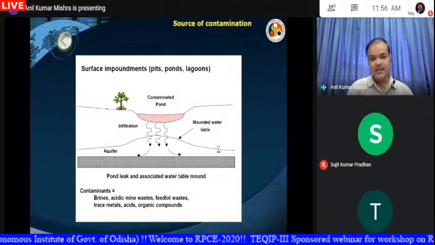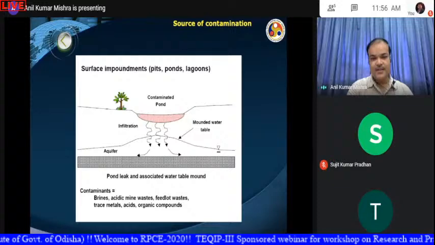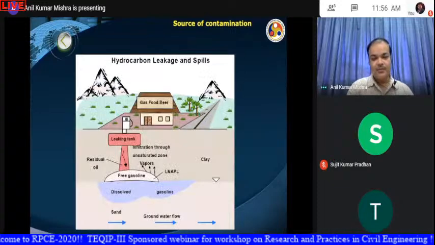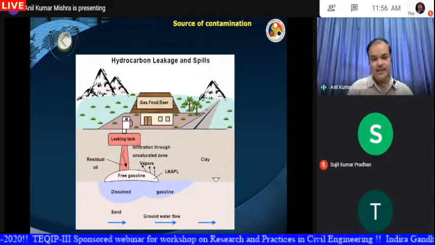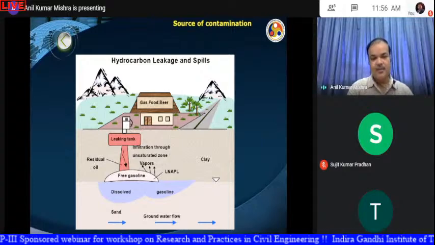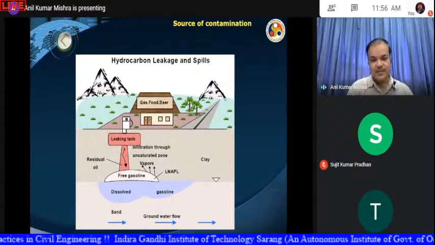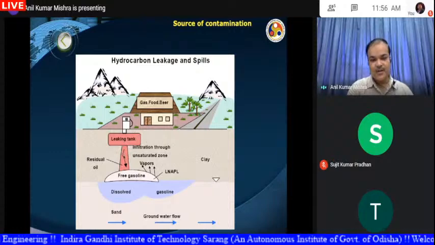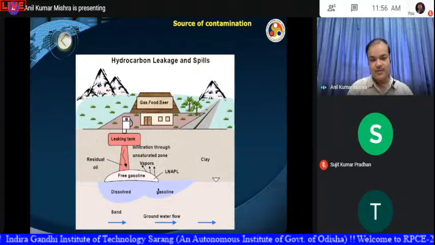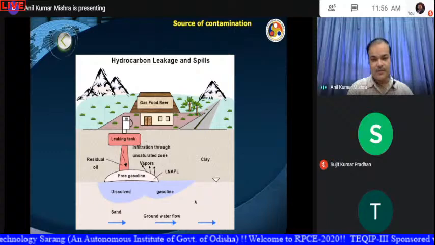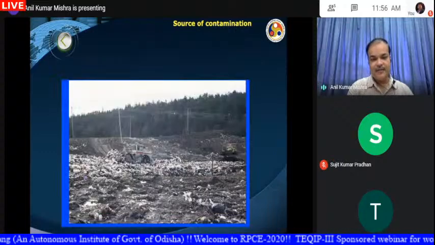Similarly, other examples are surface impoundments like ponds, lagoons, and pits, and also hydrocarbon leakage from a gas station, like a petrol pump. These are the storage tanks. When a leakage occurs, the petrol or diesel goes into the water resource and contaminates our groundwater resource.